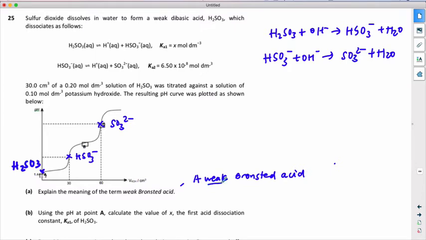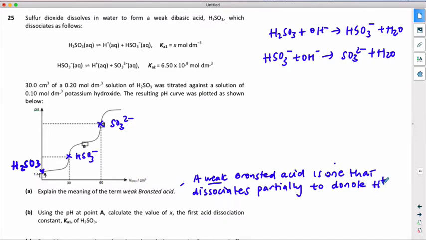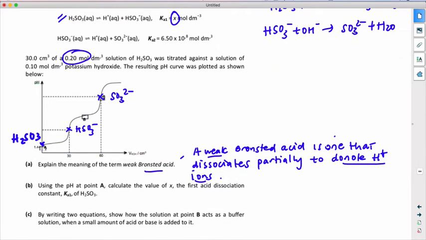A weak Bronsted acid is one that dissociates partially to donate H plus ions. Bronsted acid is actually a proton donor, so you say donate H plus ions. Okay, let's see how you do B.